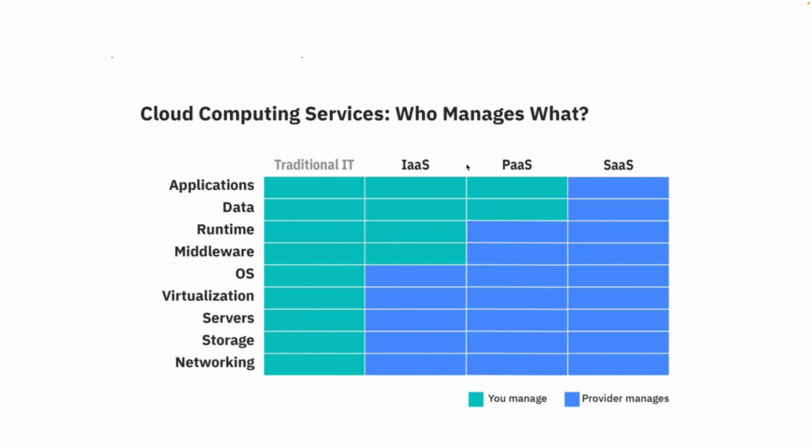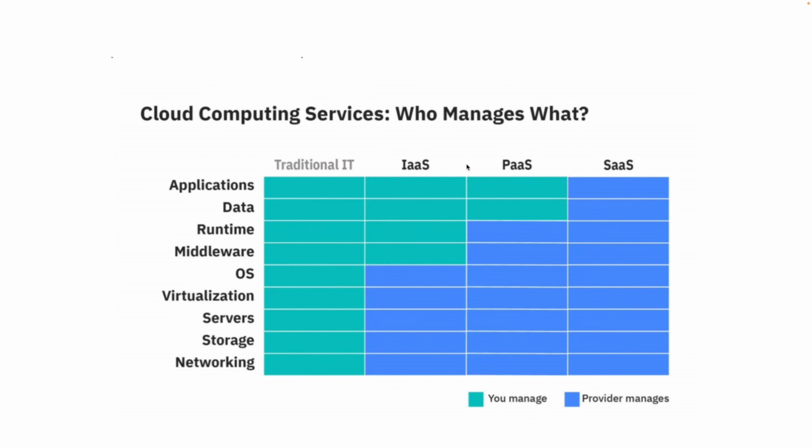So now, what is infrastructure as a service and how is it different from the traditional IT? As you can see, an organization needs to only manage applications, data, the runtime of the applications, and middleware on their own.